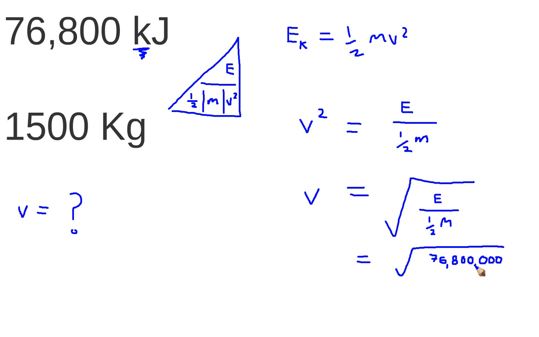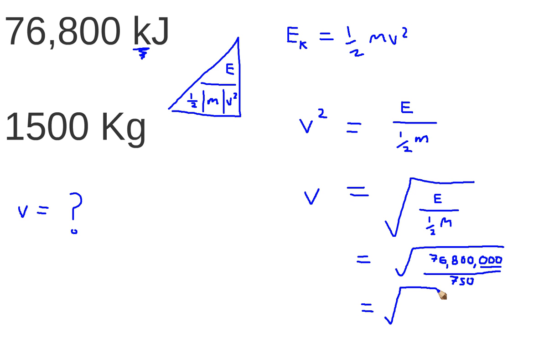So the k tells me I've got to add another 3 zeros on the end, so it's actually 76,800,000. A little trap to watch out for there. And that's going to be divided by half of m, half the mass. So half times 1,500 is actually 750.